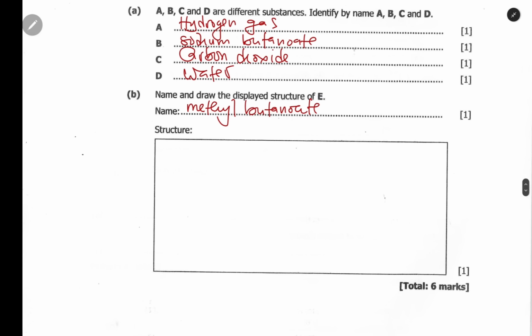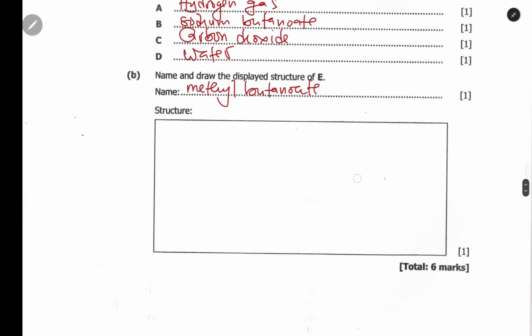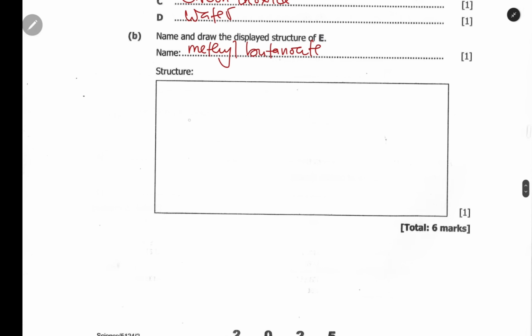Now what is the structure? So for the structure, we are going to start by putting up the diagram for methanol. So methanol has one carbon, looks like this. Then on the other side we'll put the acid, which is butanoic acid. Butanoic acid has 3 carbons.